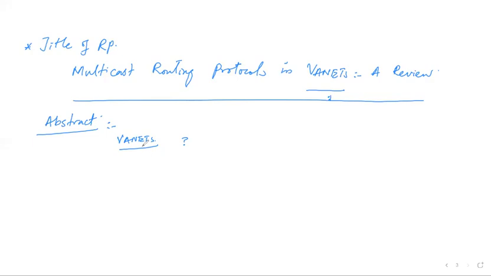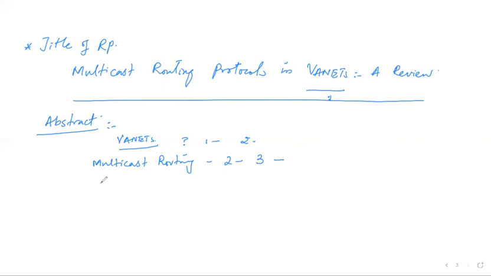You can discuss just 1 to 2 lines about vehicular ad hoc networks. Then, what is multicast routing? You should also write 2 to 3 lines about multicast routing.